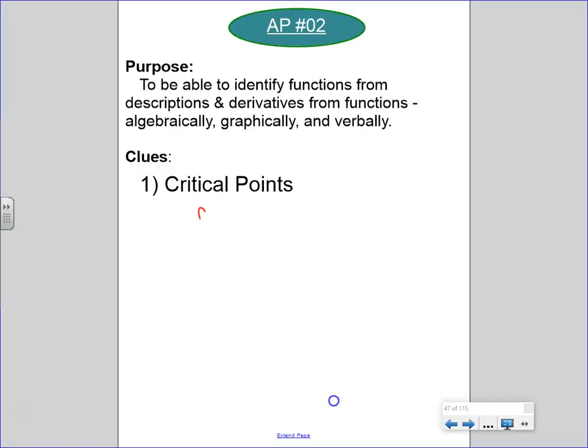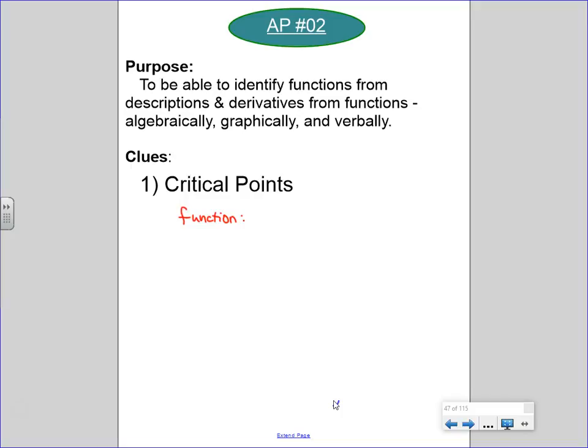On a function graph, how do you think about critical points? You looked at the cubic and said he has 2. How did you figure out he had 2 critical points? 1 horizontal tangent there, and 1 horizontal tangent there.